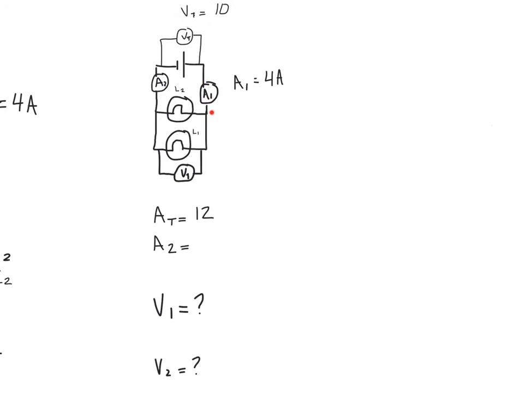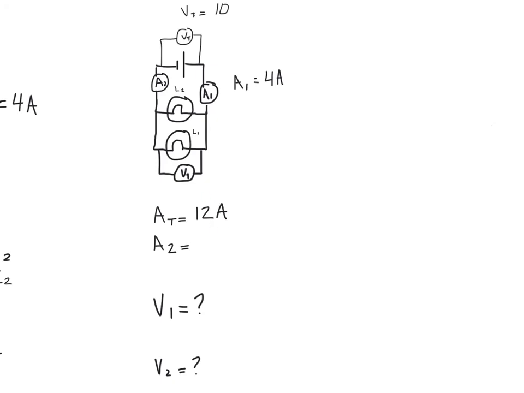If we go around our circuit, we notice that it's parallel because there's two different pathways here. And here we have our load 2, and here's our load 1, with a voltmeter around load 1. And there are 2 ammeters here. So I've told you that our total current is 12. I should put a unit on that.